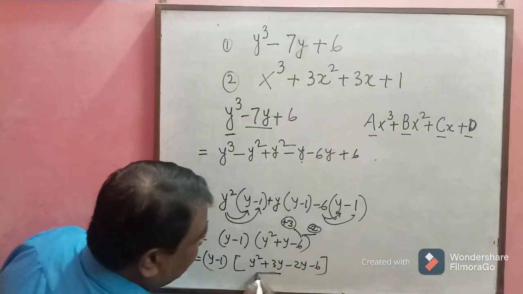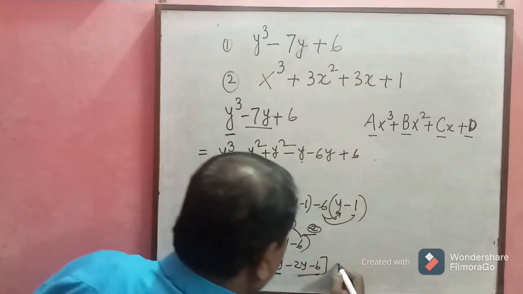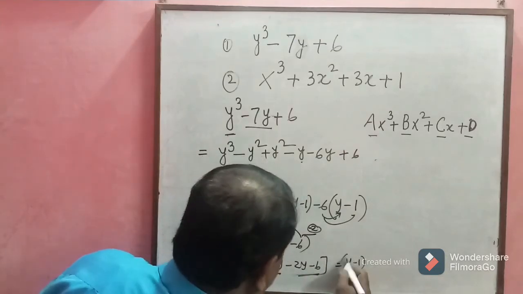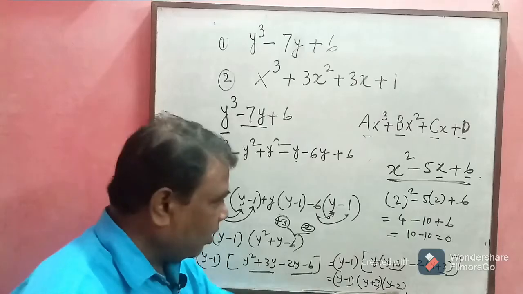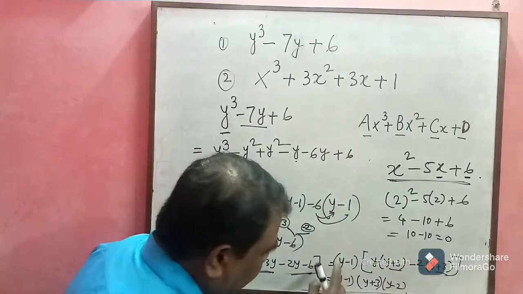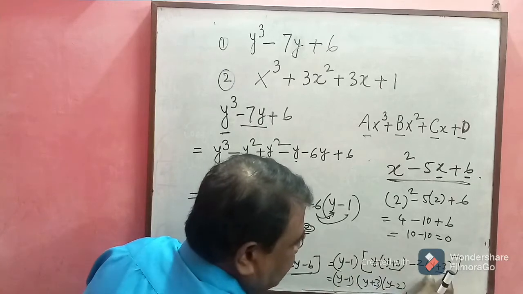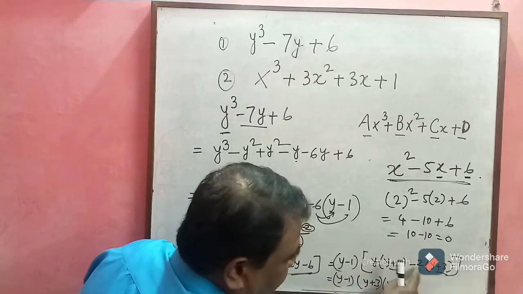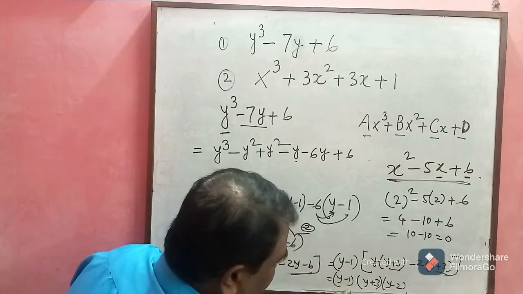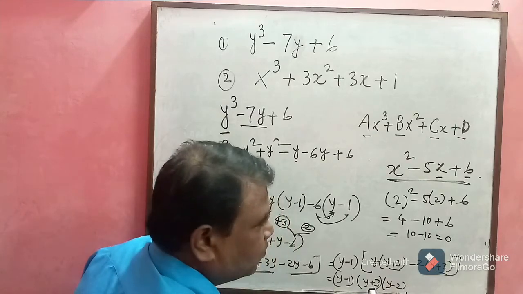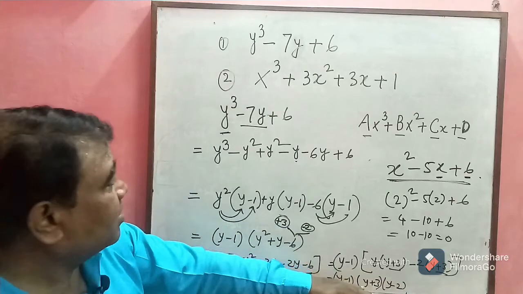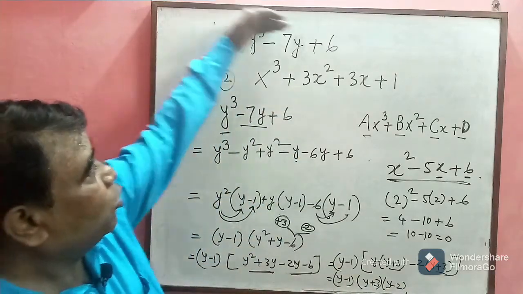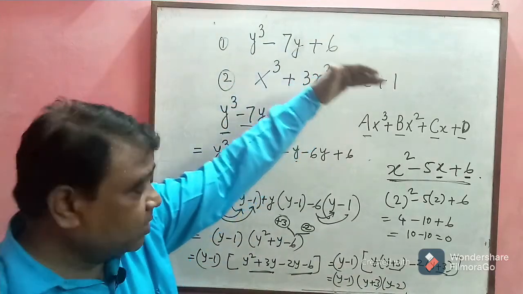Here you take common from these two, you will get the factor. y minus 1, this is y common, y plus 3, y plus 3. So here y minus 1, y plus 3, and the remaining is y minus 2. So this is y minus 1, y plus 3, y minus 2. So these are the factors of this cubic polynomial without any division.